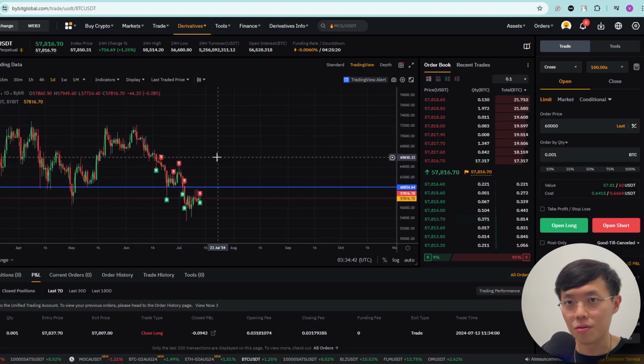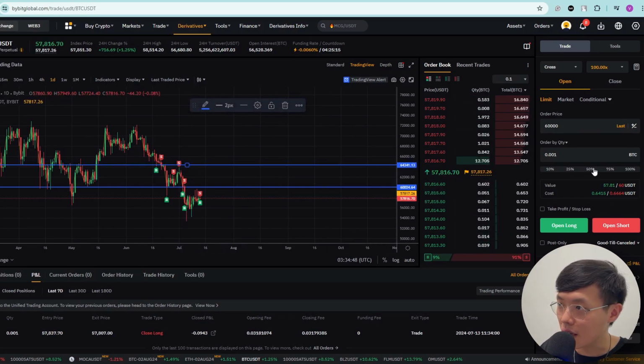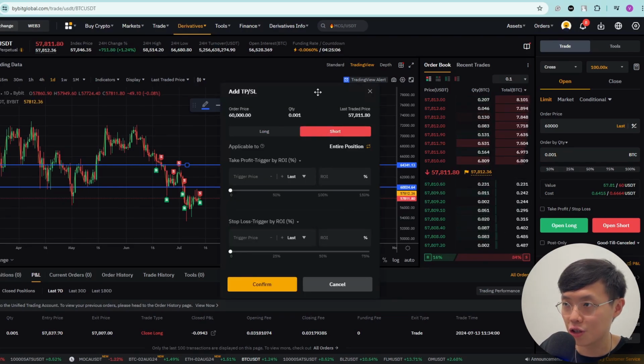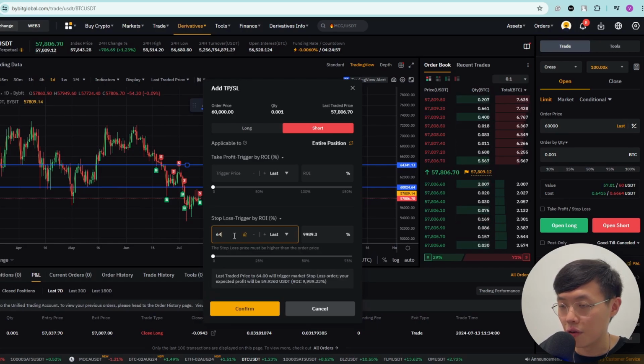Let's say my risk reward ratio, I want to put it here, 64. So again, just put a number first and then take profit, stop loss, press short. Because right now we want a short. And the risk reward ratio again, we want to be at 64,341.